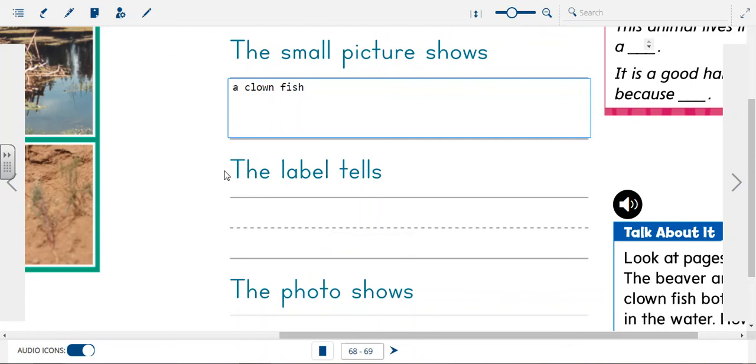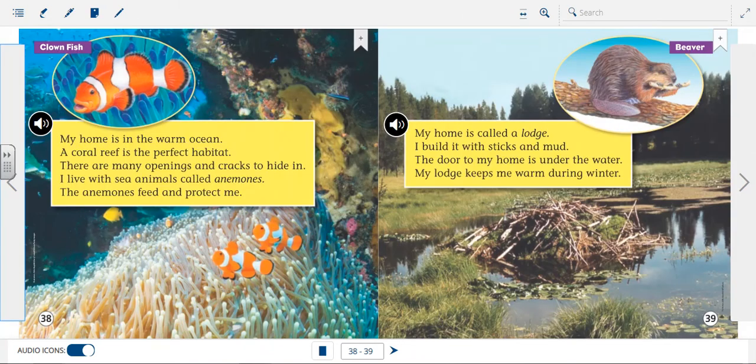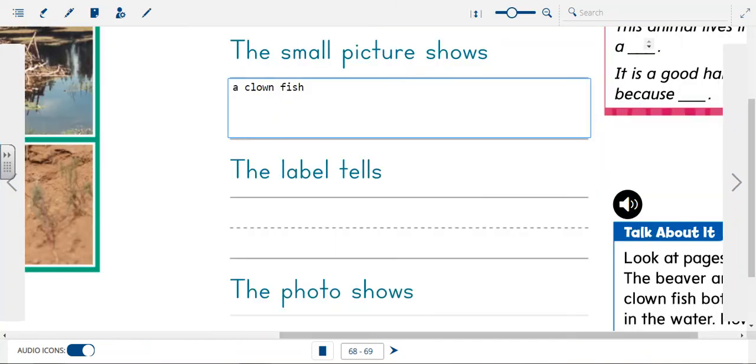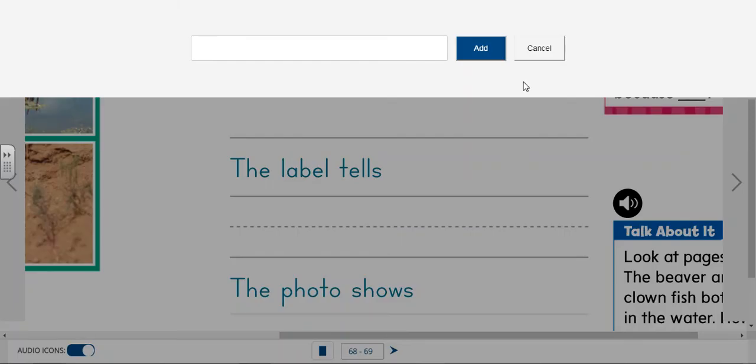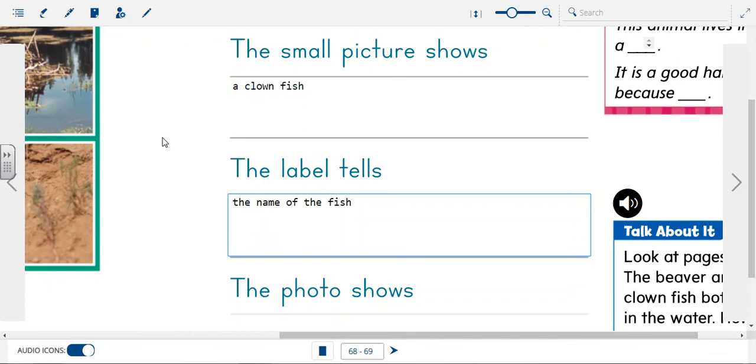Okay, let's look at sentence number 2. It says the label tells, so let's go back. We already kind of talked about this. The label tells us what the animal is. So we see the fish in the small picture, and then the label tells us the name of the fish, which is a clownfish.